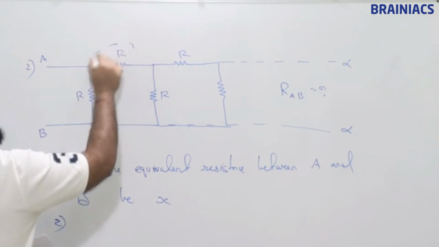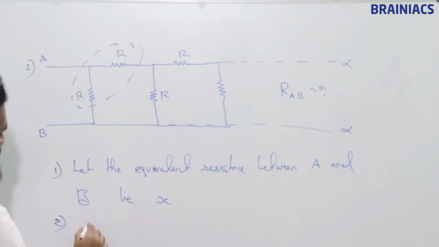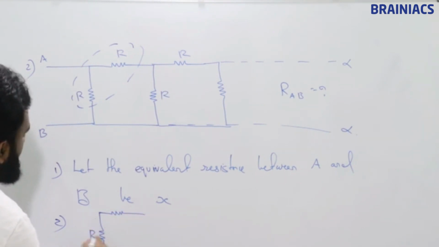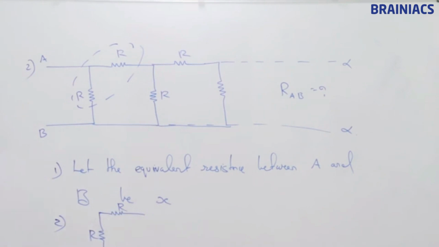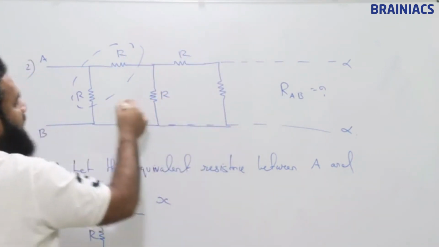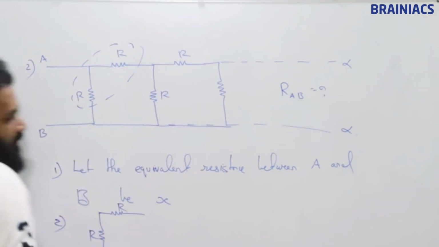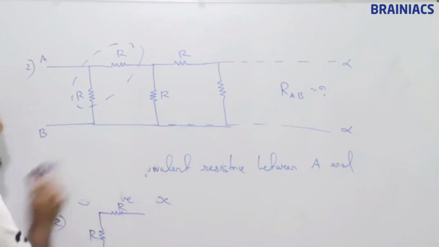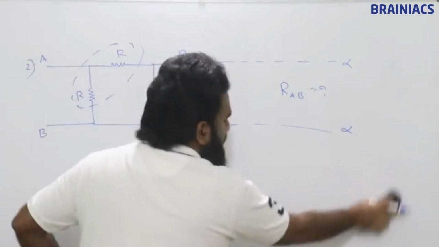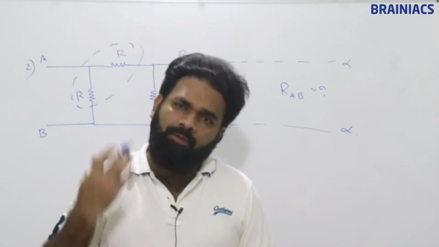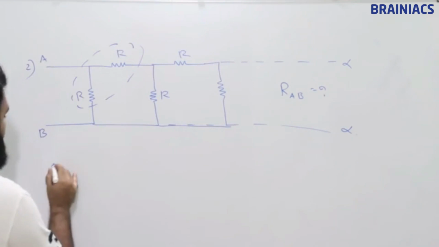The repeating unit is nothing but this here: one resistance like this, another resistance like this. This is the repeating unit here. Correct. Now consider the other part's resistance and attach it. So the third step is that. What will be the resistance of that remaining part if we leave one repeating unit? Same, X itself.